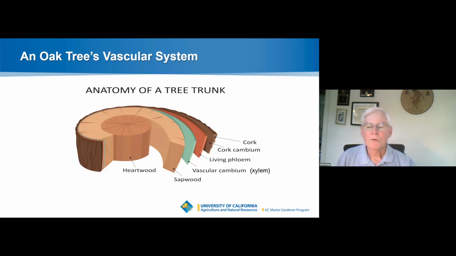So supporting a mature tree's massive weight in the interior here is the softer growing sapwood, and the older, very rigid heartwood. So like other trees, oaks produce a new ring of sapwood each growing season, which makes it easy to determine the tree's age.